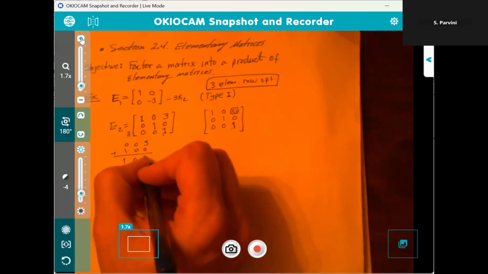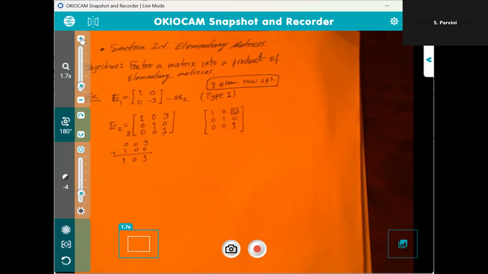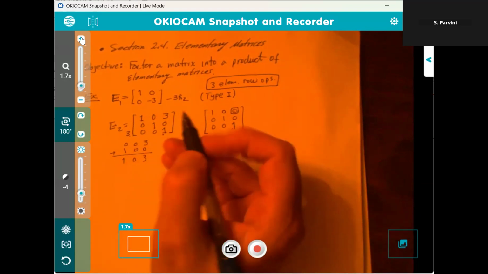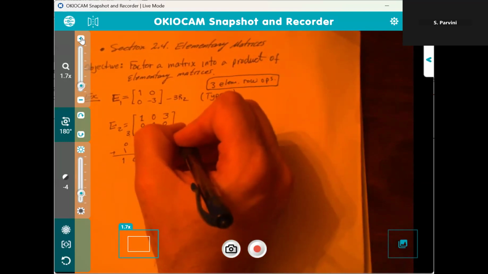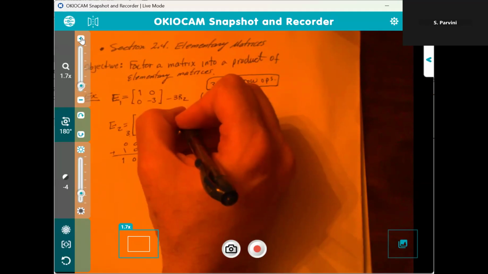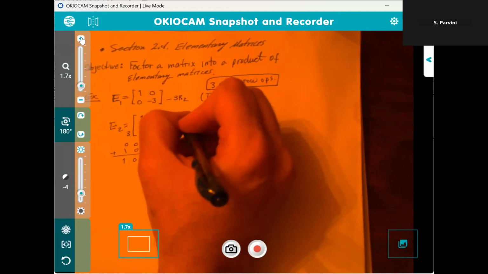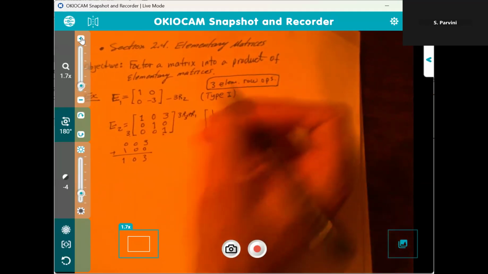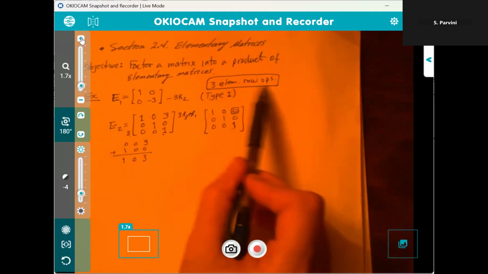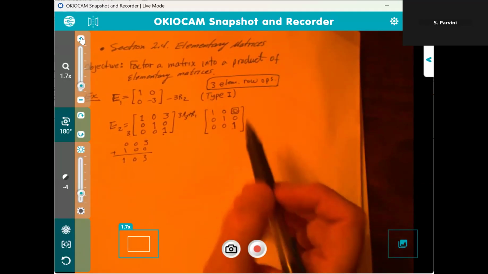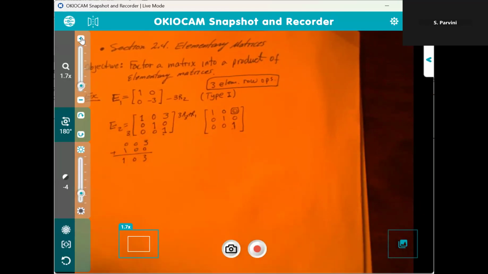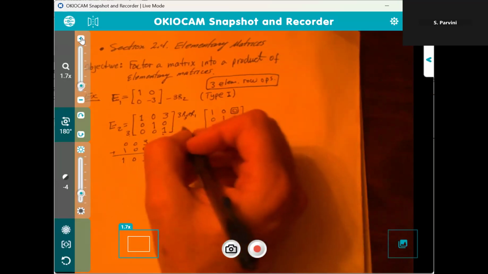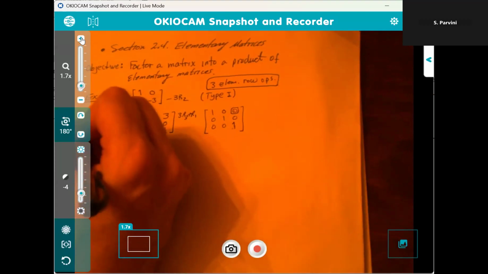Don't I get 1, 0, 3? So there it is. So for this one, I did 3 times R3 plus R1. See, that's a single elementary row operation I did. So this is an elementary matrix. That's type 2. This we're going to call type 2.